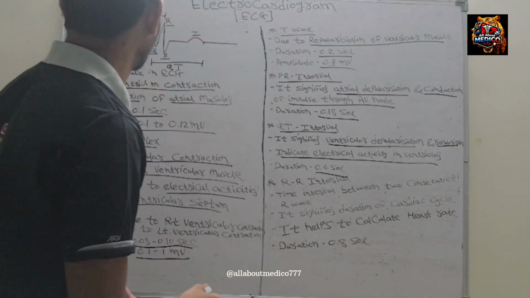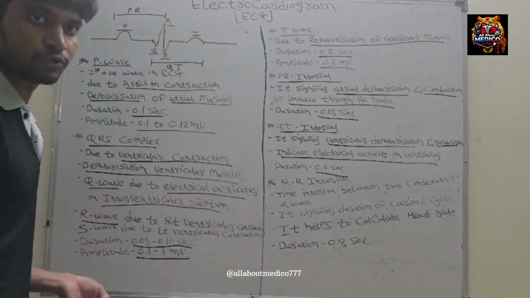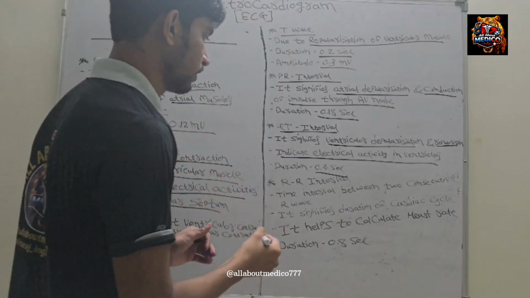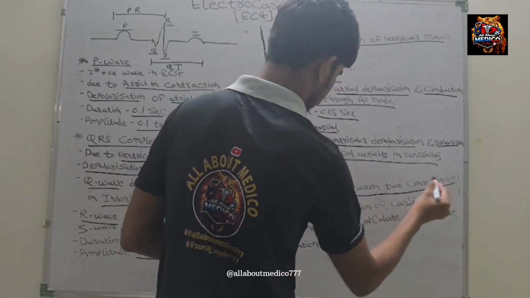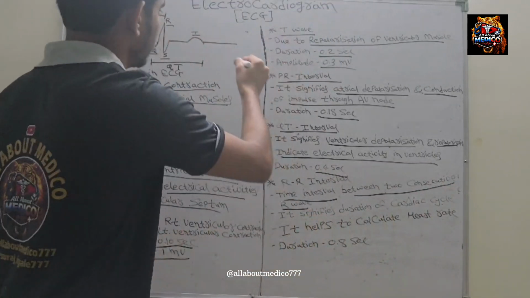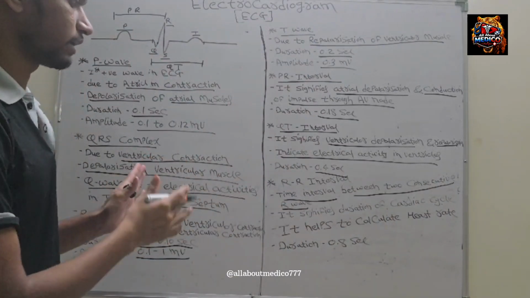RR interval means the time interval from one R wave to the next consecutive R wave.